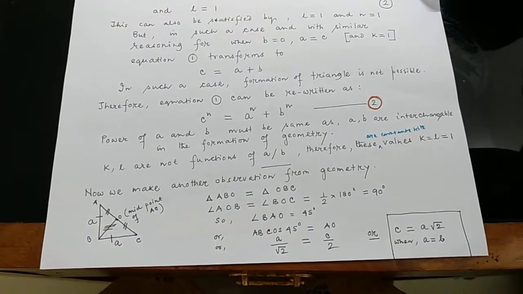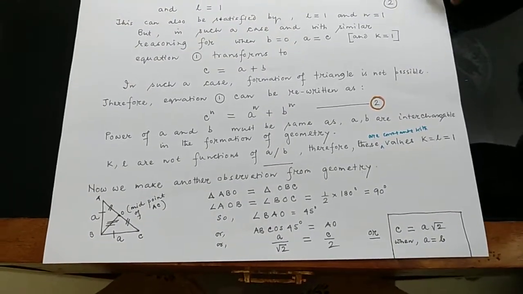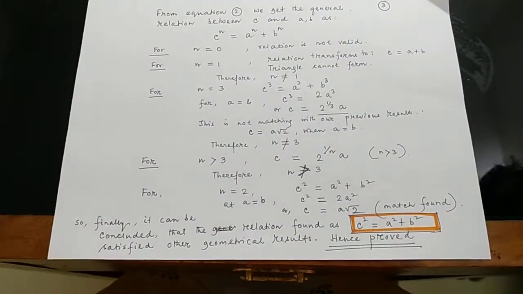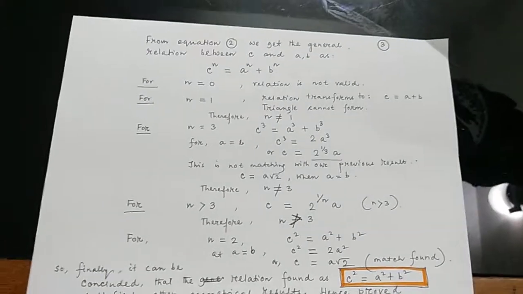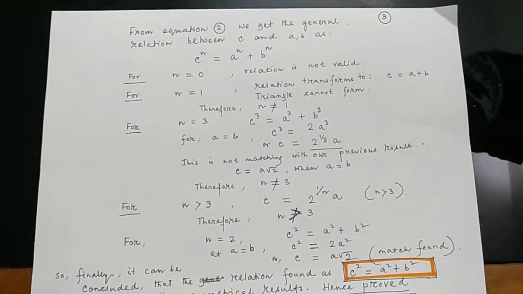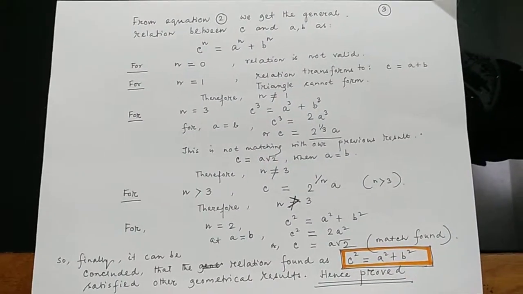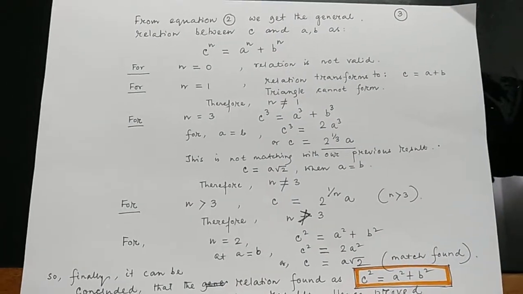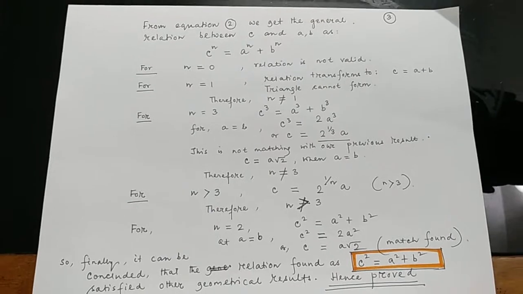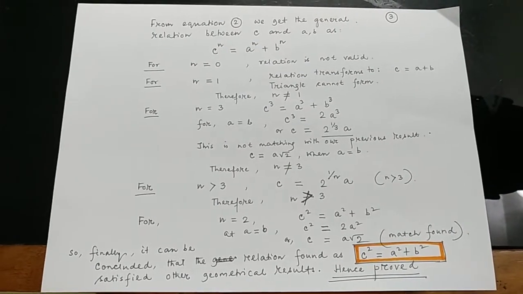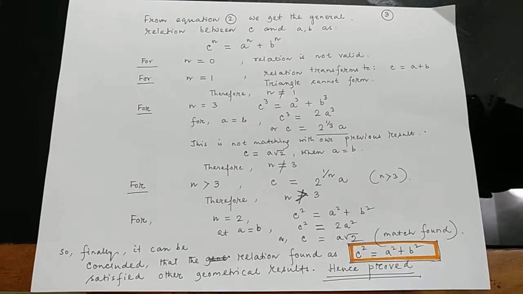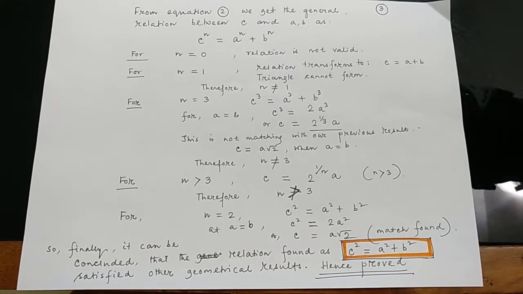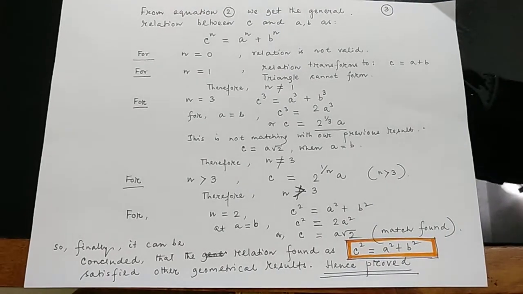So that's how we move on to the third slide, where we'll apply the numerical method for different values of n equal to 0, 1, 2, 3 and any other positive integer, and whether it is satisfied.